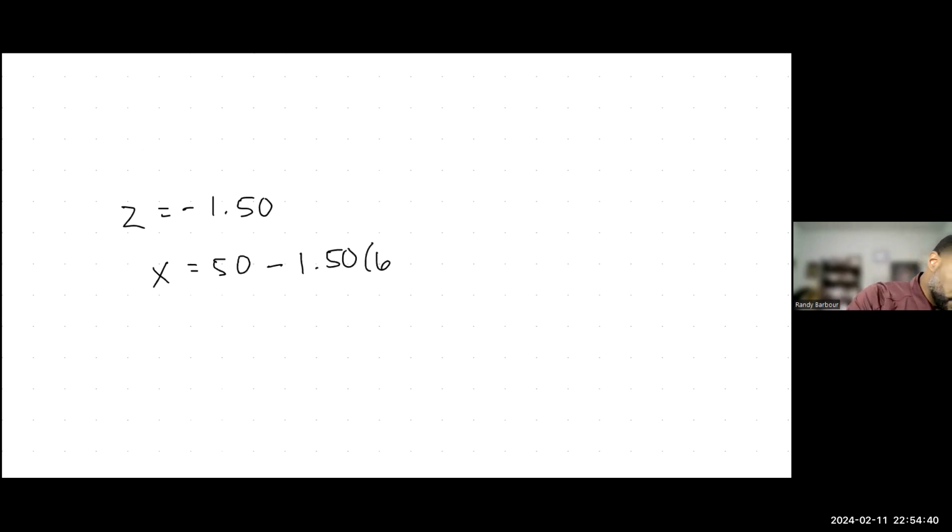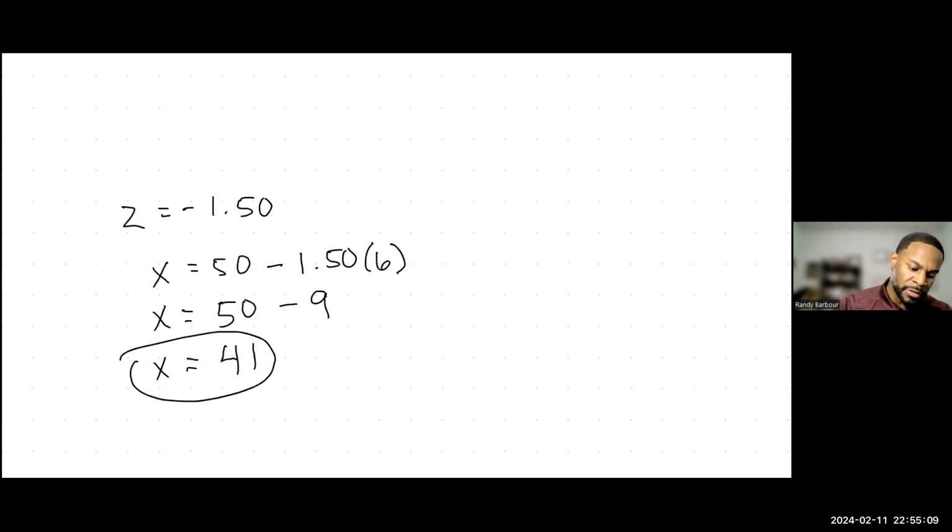So I'm just going to do the math here. 1.50 times 6 is going to give you 9. So this would be 50 minus 9, which should be 41. Okay, so you got 41 there, and you got 56 here.